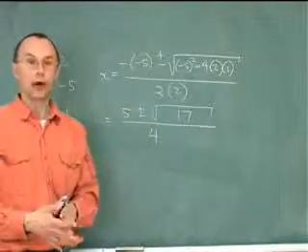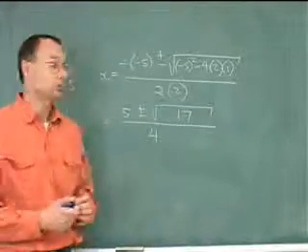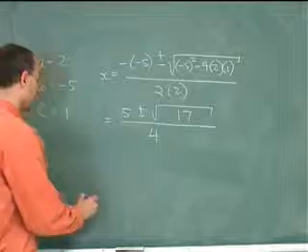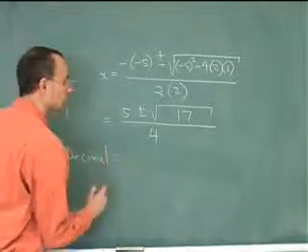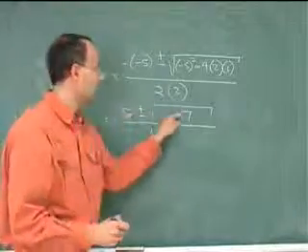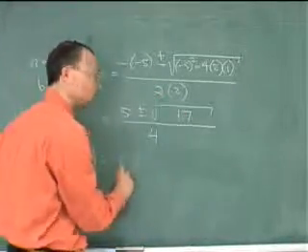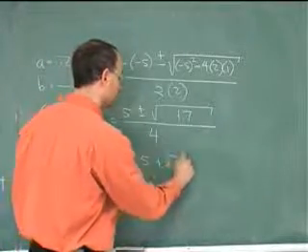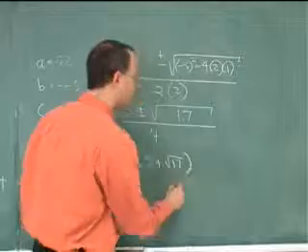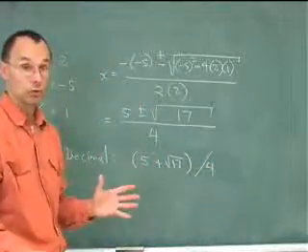If a question requested that these be decimals, we could certainly work these as decimals. And just a little hint there, to get the decimal version on your calculator, just remember, it's the entire top divided by 4. So I would recommend you use a bracket and then go 5 plus the square root of 17, close the bracket, and then divide by 4 to get the one decimal solution.